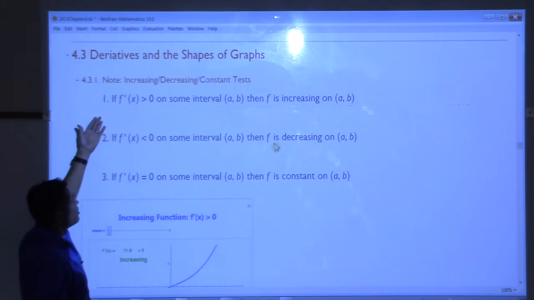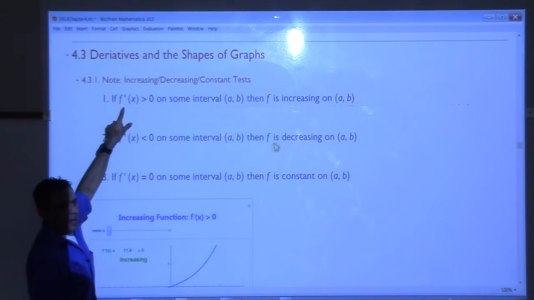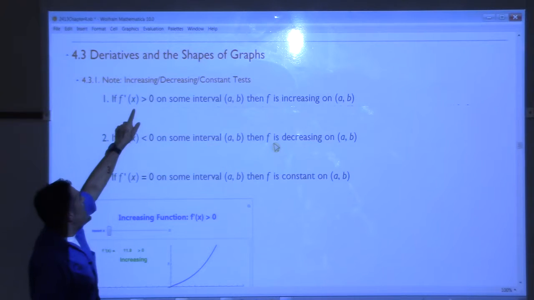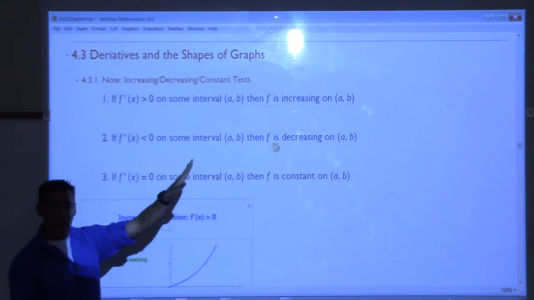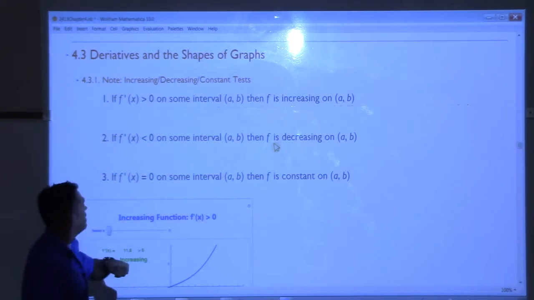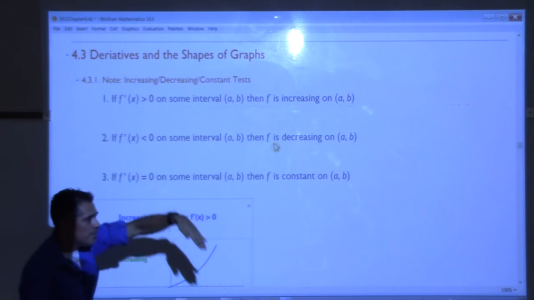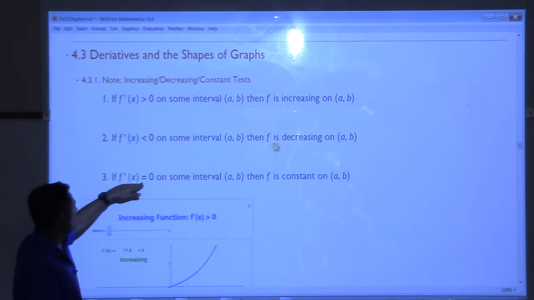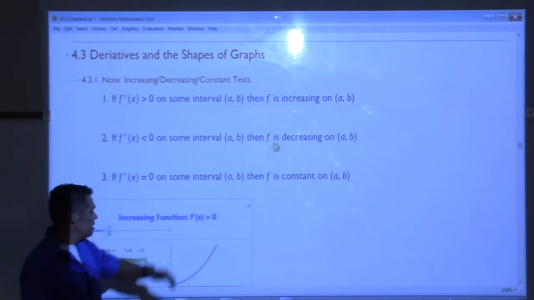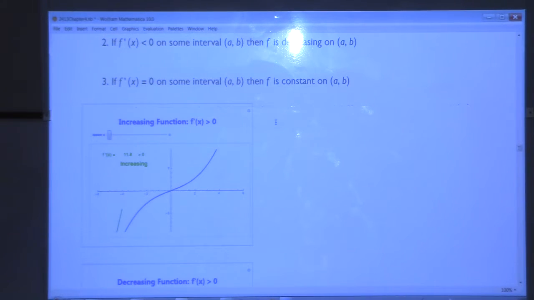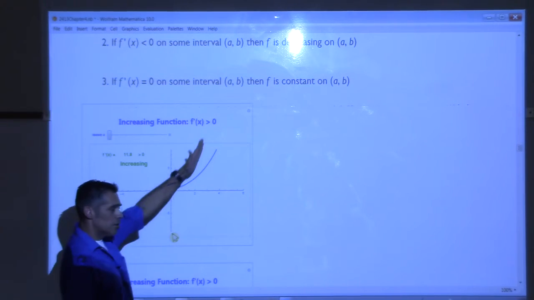If we look at a function and its derivative, the function having a positive derivative should mean that the function is going up. If the function has a negative derivative, the function is going down. And if the derivative is 0, then it should be flat. This is just an illustration. This function right here is increasing, would you all agree, as we read it from left to right? The function goes up.